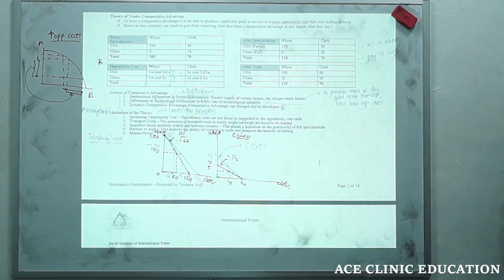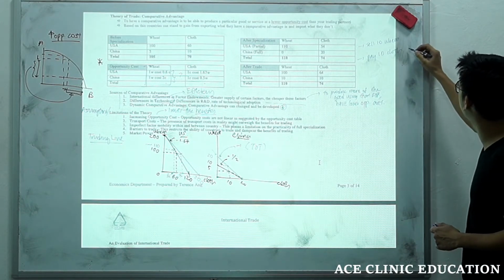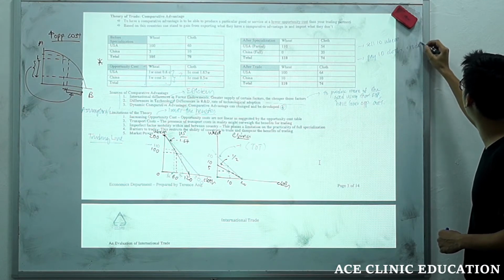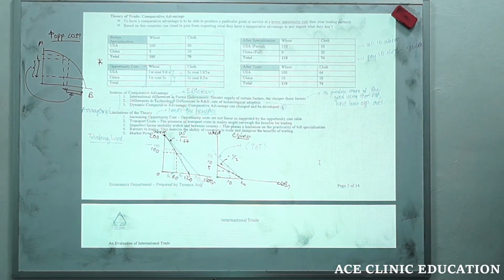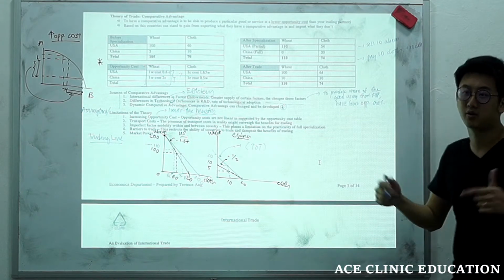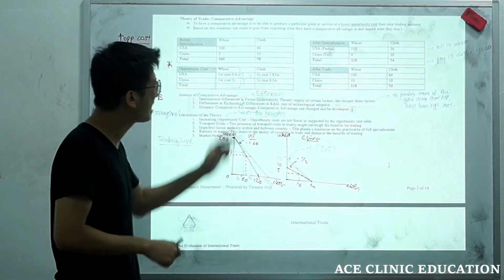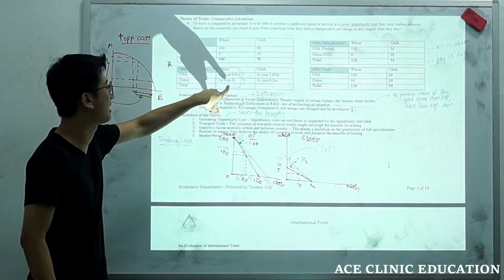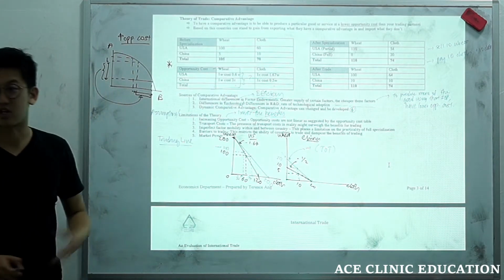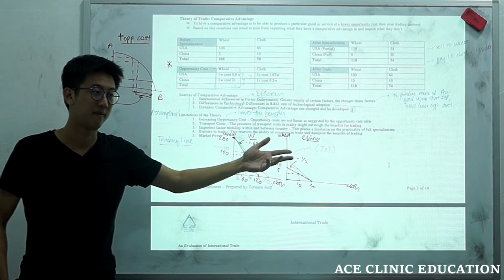What if the transport cost for China is another 10 cloth? Because we don't talk about money, so we have to think about them paying in things. Then will they still want to trade? Maybe that's still okay, because that's the maximum. That's 1 is to 2. What if their transport cost is 20 cloth, 30 cloth?